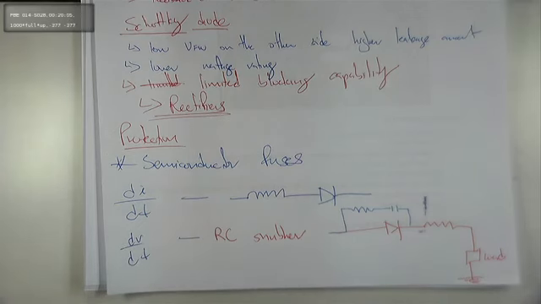Okay, so now you know everything about diodes in detail. You should never forget the characteristics, the symbol, the operation, what happens when you go towards the left, and what happens when you go towards the right.